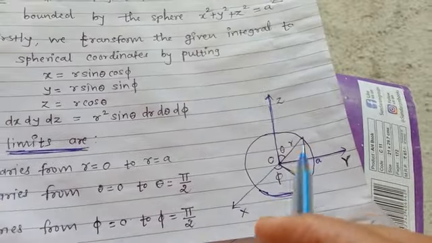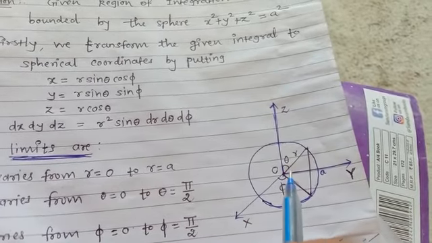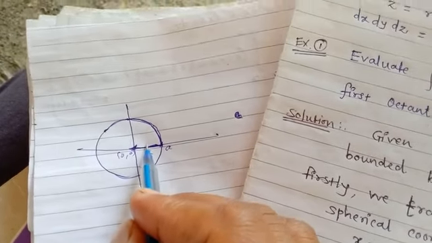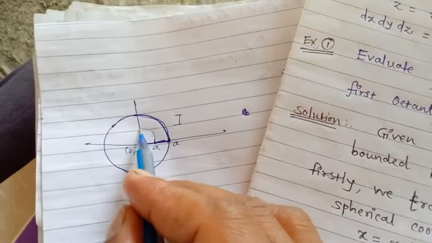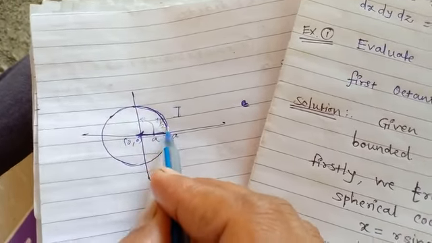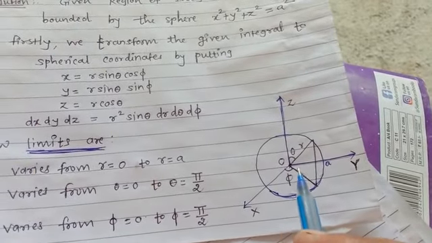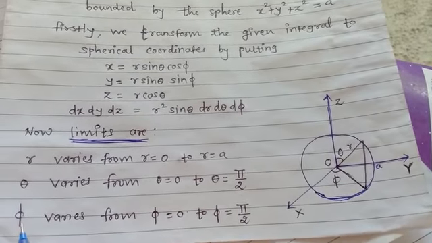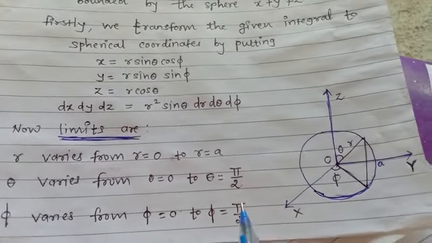In this 3D system, in the first octant our theta moves from 0 to pi by 2. Similarly, in the 2D system, suppose this is a circle, in the first quadrant our theta always moves from 0 to pi by 2. In the same way, in the first octant also our theta moves from 0 to pi by 2, and also in the first octant our second angle, phi, varies from phi equals 0 to phi equals pi by 2.